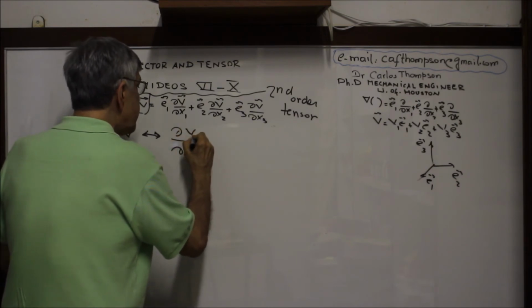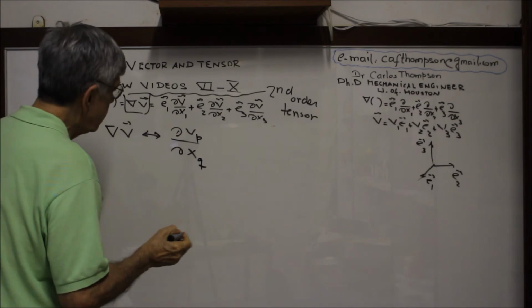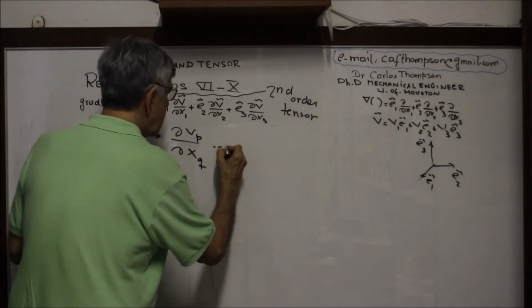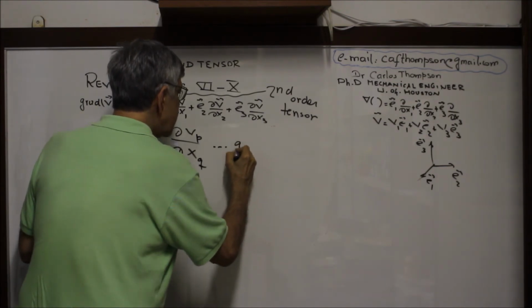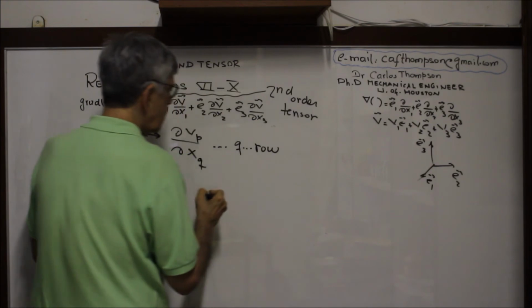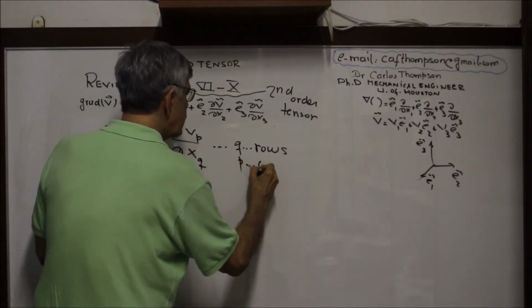Now, if I write here, let's put p and q, for instance, q represents the rows, q the rows, and p the columns.